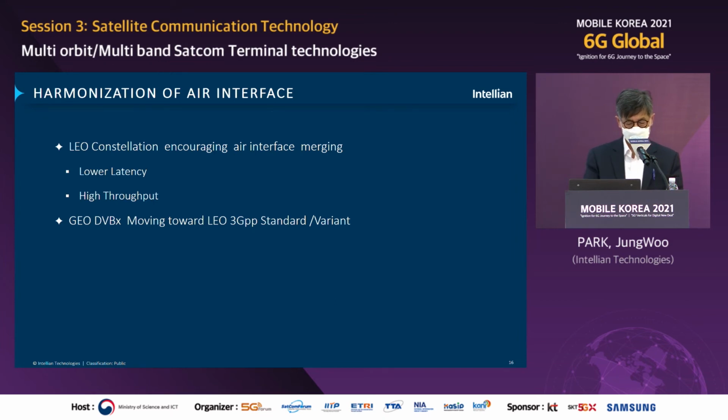However, 3GPP or its variant will be positioned in lieu of low latency and line of sight propagation characteristics in NGSO systems. So I expect it will be incorporated in the 6G transmission standard in the near future.